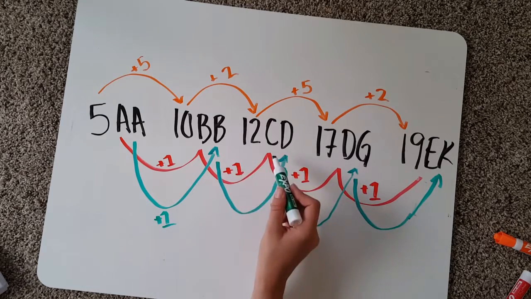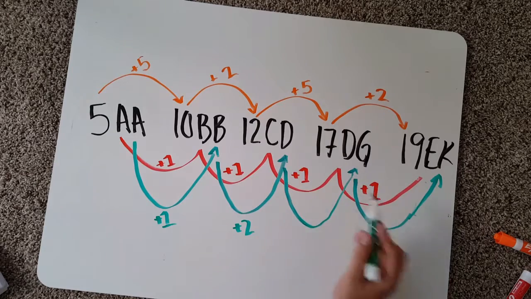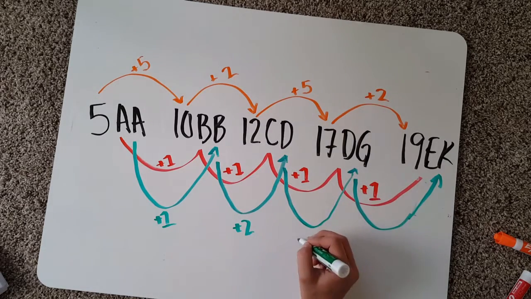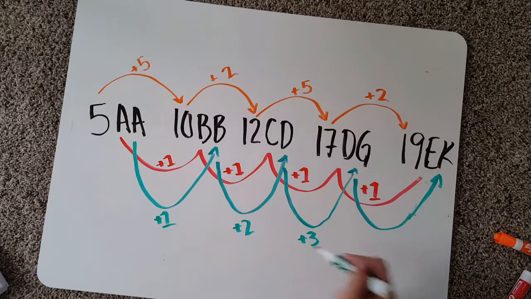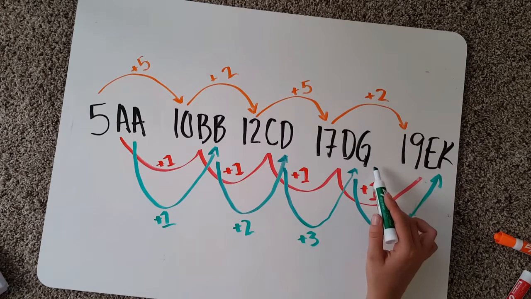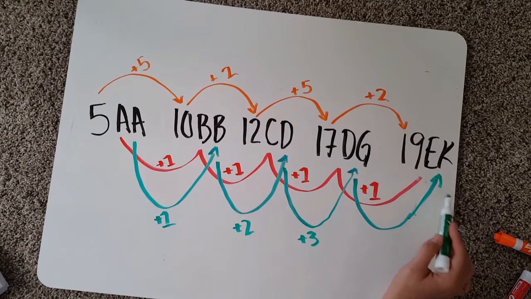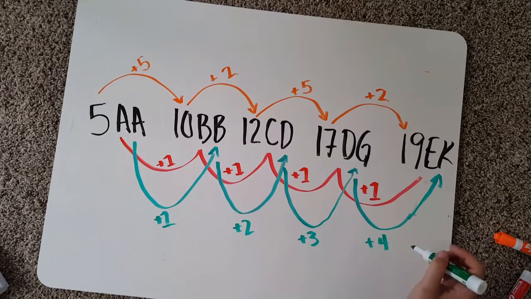If you add 2 letters to B, you come to D, because D is the 4th letter. If you add 3 letters, so D, E, F, the 3rd one being G, you get this one. So we can already see that there's a pattern coming on here. And then I know if I go G, H, I, J, and the 4th letter K, plus 4. So now I know we're increasing how much we add by 1 each time.